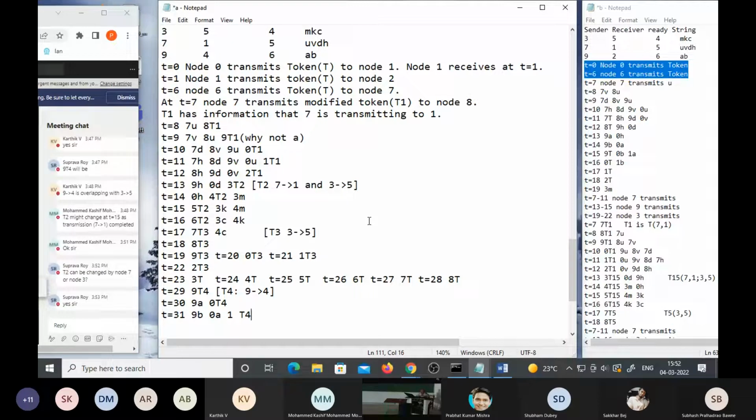Technically speaking, the transmission by node number 3 has been over at 16 itself. But such information cannot be changed by it. Any doubt?